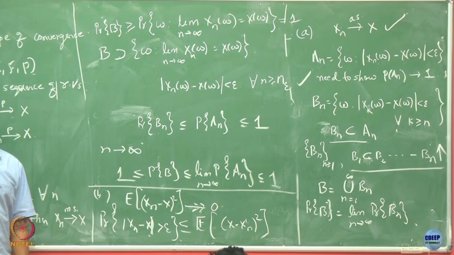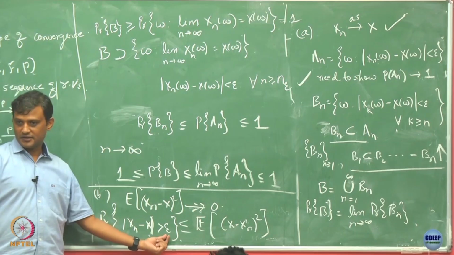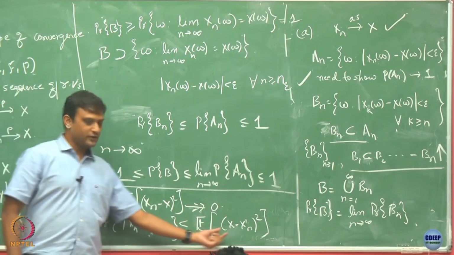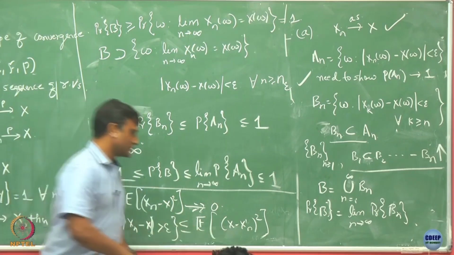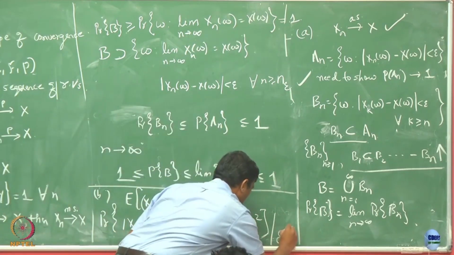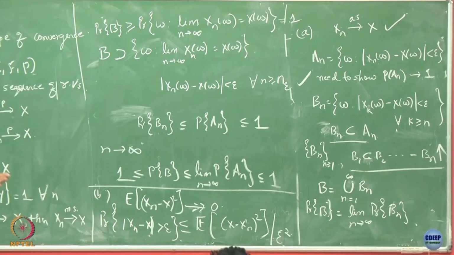What did Markov inequality say? Probability that this quantity is greater than epsilon is upper bounded by expected value of square of this divided by epsilon square. Epsilon is some positive constant, however small it is.